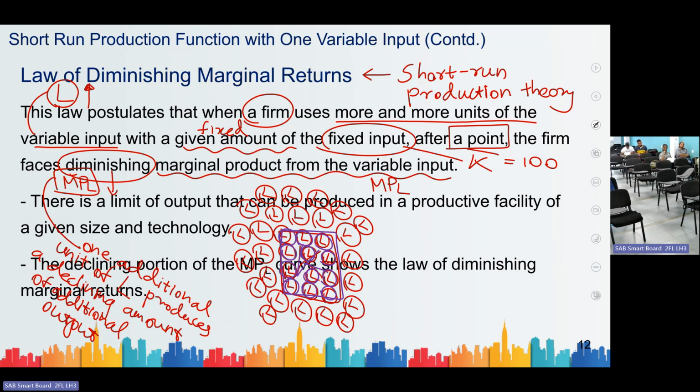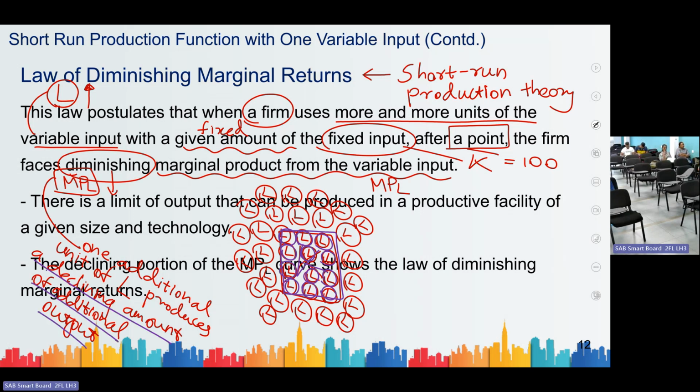But when the firm hires more than 10 laborers, there is only a limited number of machines, but there is an excess amount of labor. So the excess labor will produce a declining amount of additional output.